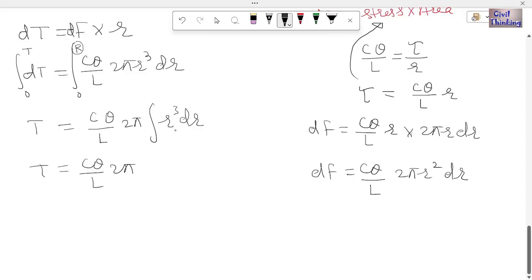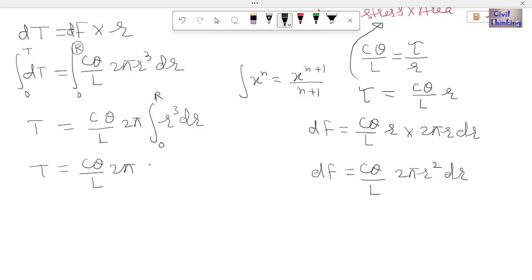Now integration of r cube is what? Integration of x raised to the power n is x raised to the power n plus 1 divided by n plus 1. But since it is a definite integral, we have the limits and there will be no constant of integration, because when we have limits there is no constant of integration. So r cube, 3 plus 1 is 4, divided by 3 plus 1 is 4.